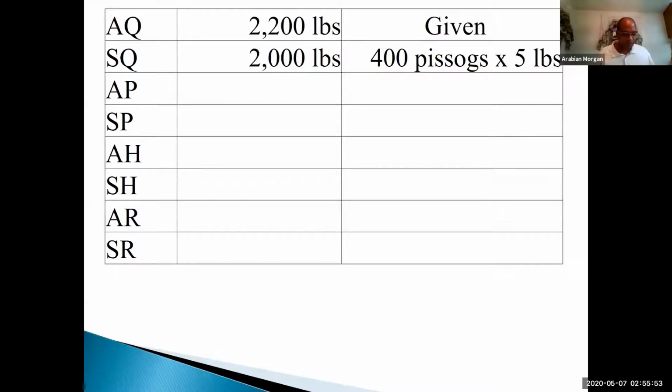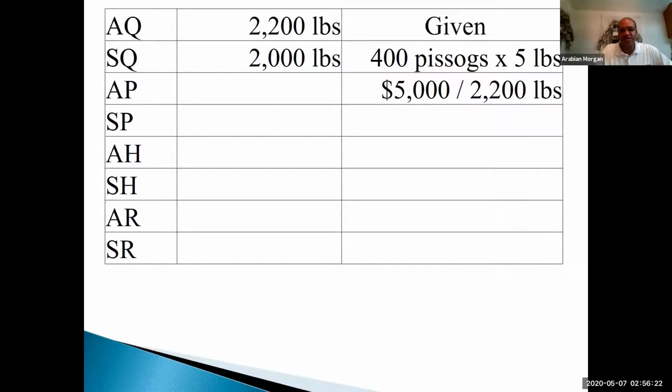Now let's go to the actual price. Now we want to talk about how much we paid for the material. So I'm going to put in here, we spent $5,000 to buy 2,200 pounds of material. I'm breaking the price down to the actual per unit of material.